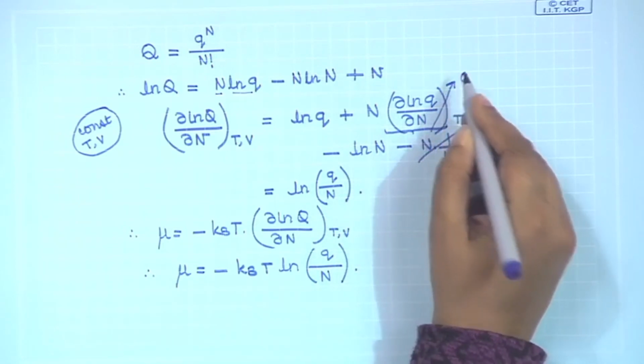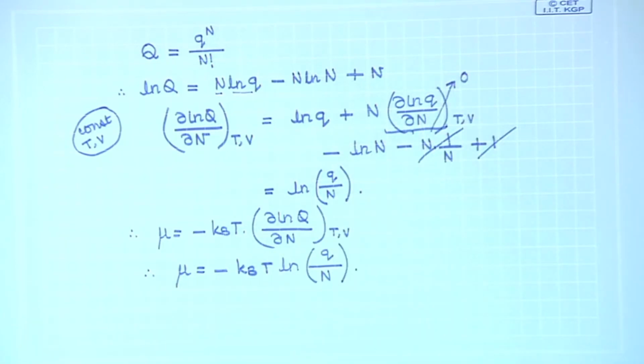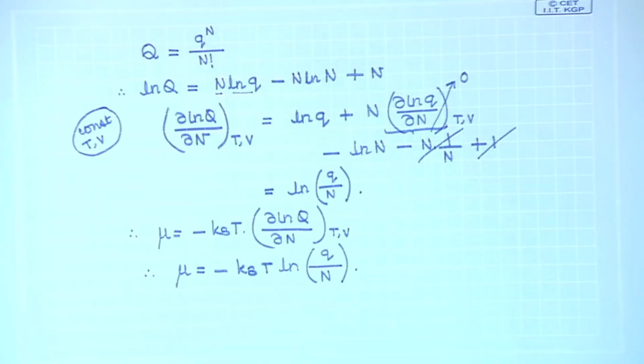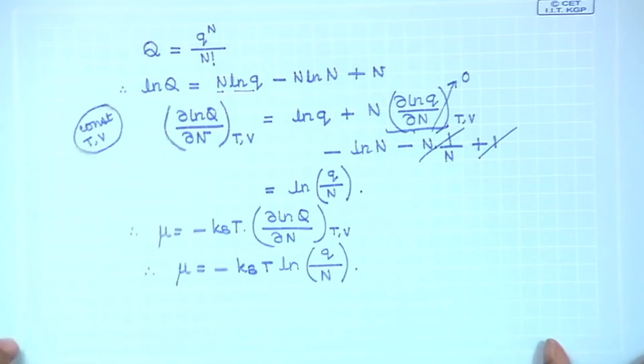Obviously, small q is written for one particle and it is independent of capital N. So that is the reason why I have been able to write it as 0.